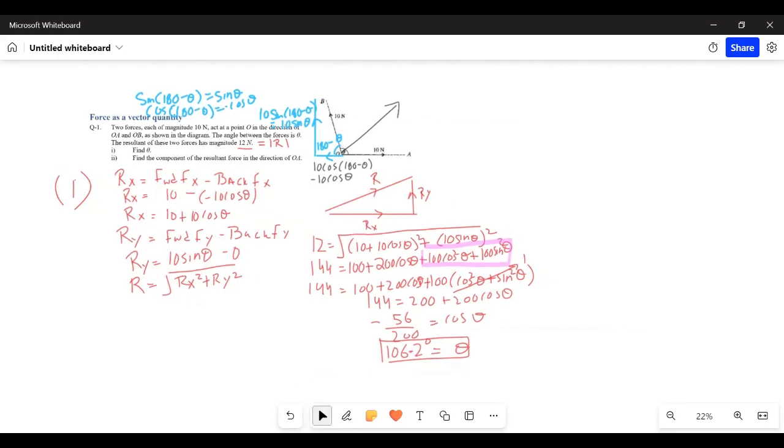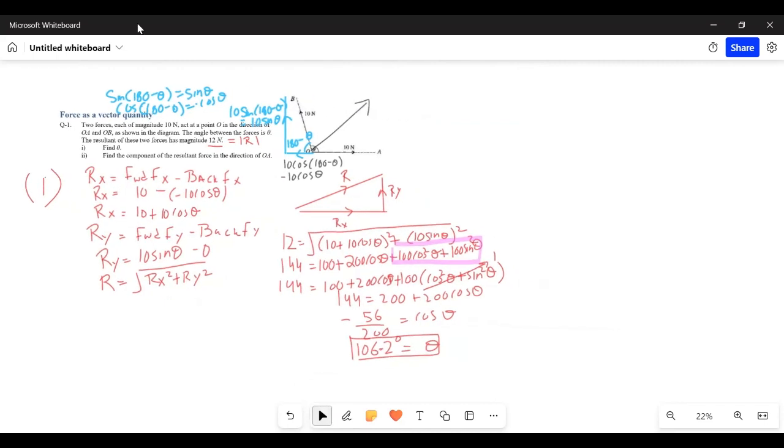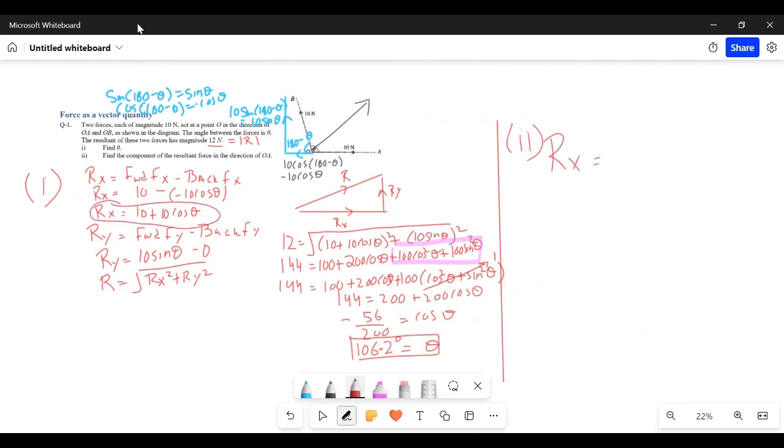Okay, let's do part 2. Find the component of the resultant force in the OA direction. So that's Rx, the horizontal component. For part 2, you have to find Rx, and we already have the expression for that: 10 plus 10 cos theta, and we also know theta now.